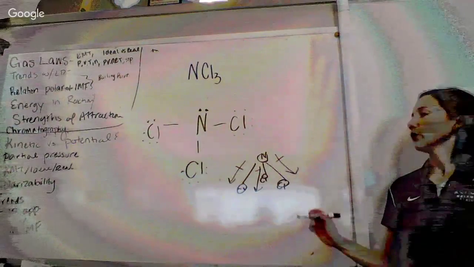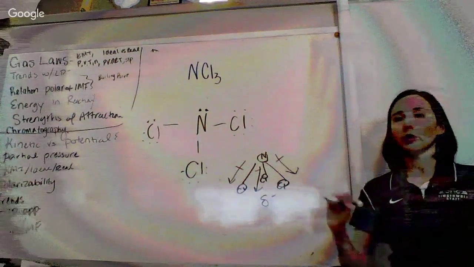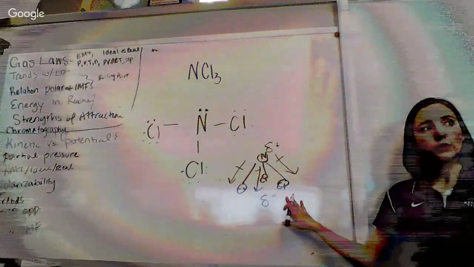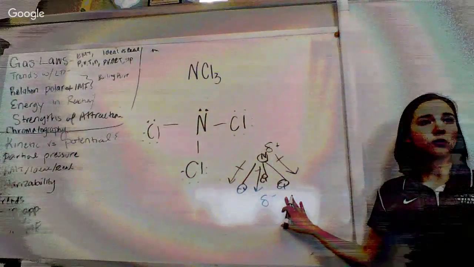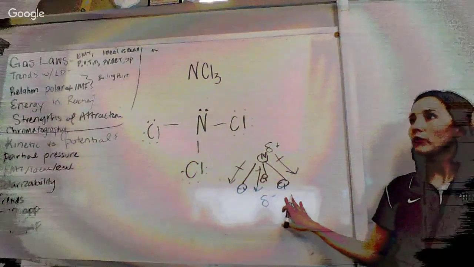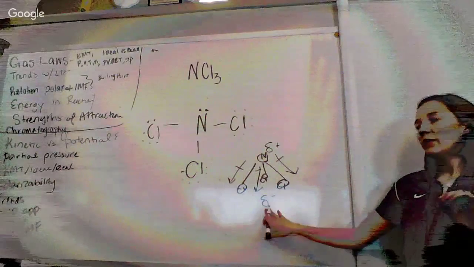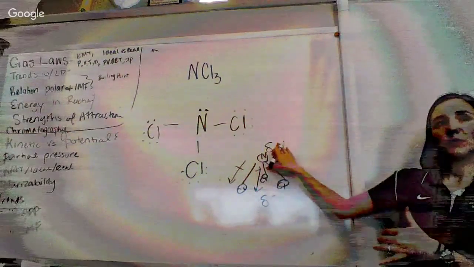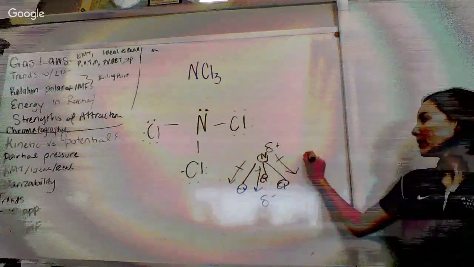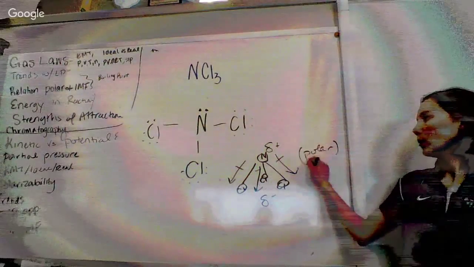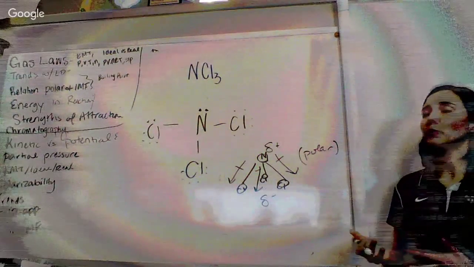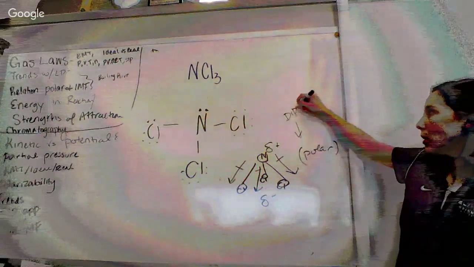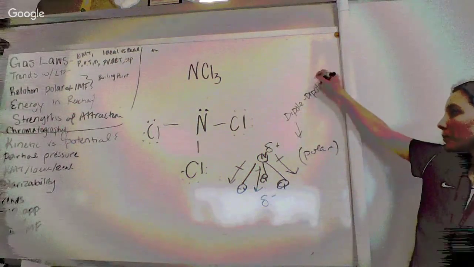It's not going to be a huge difference between the two, but chlorine's going to be slightly more negative and nitrogen slightly more positive, because chlorine is closer to fluorine, so it's more likely to be electronegative. If it's more electronegative, it has the electrons more often, causing it to be polar. Notice we have 2 poles, a positive pole and a negative pole. So that makes this a polar compound, albeit not super polar, but any form of polar allows for greater attractions. So this is going to be a dipole force.